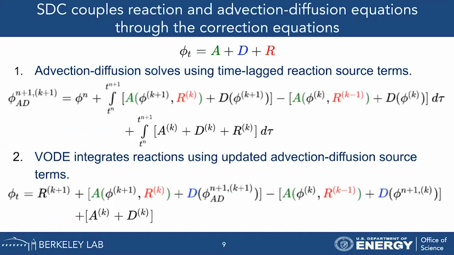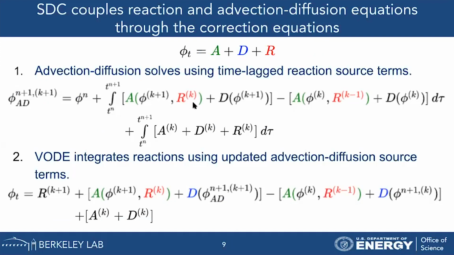As I talked about earlier, we have basically 2 steps: to do the advection and then to do the reactions. So here are the correction equations for both of those steps. The takeaway I wanted to show with this equation, which is pretty long, is that for the advection-diffusion solve, when you're evaluating the advection source term, you are taking in a time-lagged reaction source term.